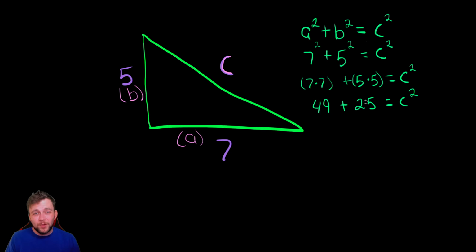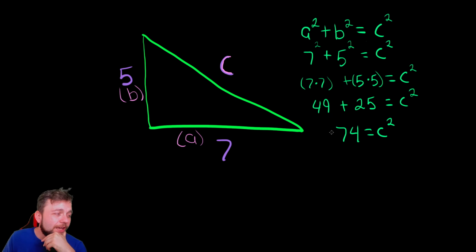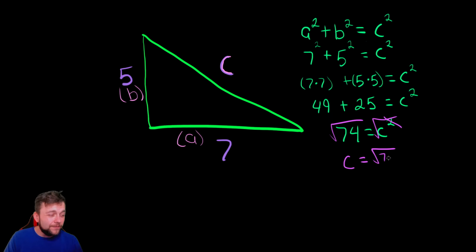And then 49 plus 25, that will be, well, we have 54 plus 20 is 74, and that equals C squared. And then we have to do the square root of both sides to get rid of our C squared. That cancels out the C squared, and what we're left with is C equals the square root of 74. Okay, so not too crazy yet.